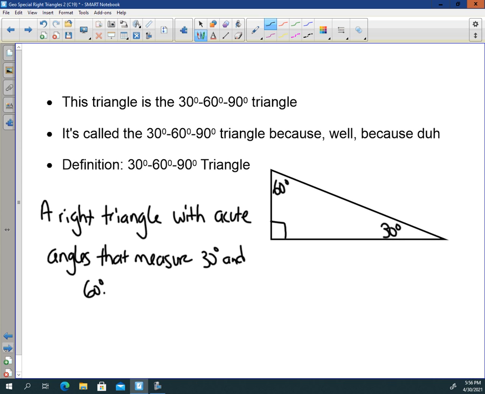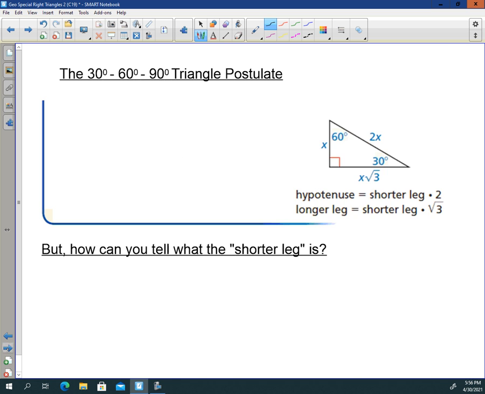That's the basic idea. A 30, 60, 90 triangle is very aptly named because it tells you exactly what its angle measures are. And so we have a triangle postulate that goes with this. The 30, 60, 90 triangle postulate says this.